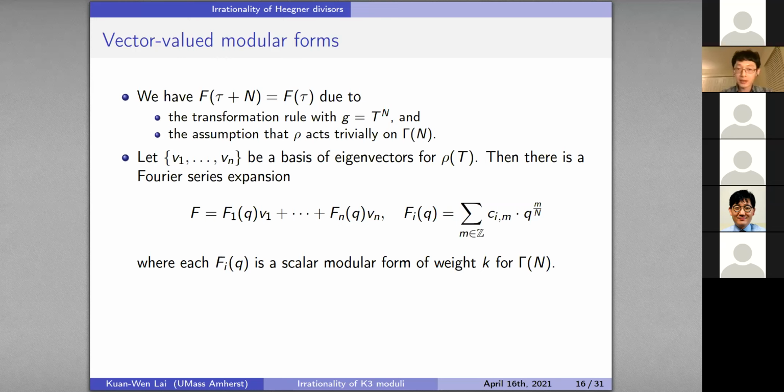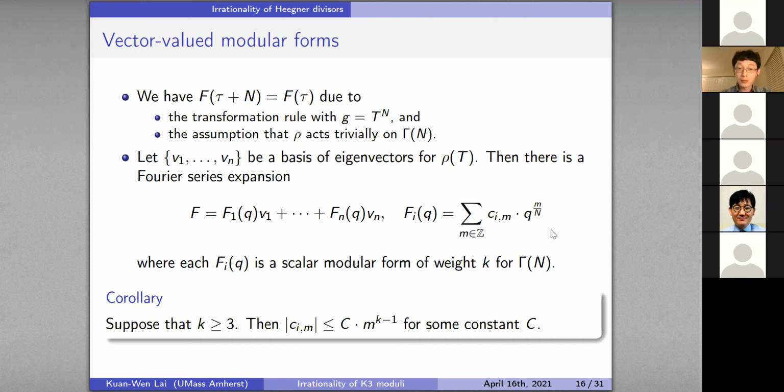It's an expansion with respect to this basis, and the coefficient in front of each basis element is itself a scalar modular form of weight k for the congruence subgroup gamma n. So they are scalar modular forms that satisfy the facts I mentioned before.